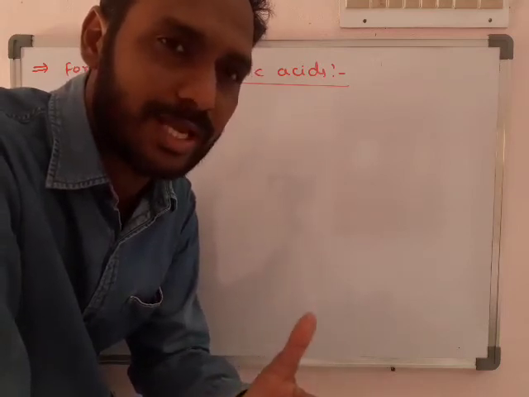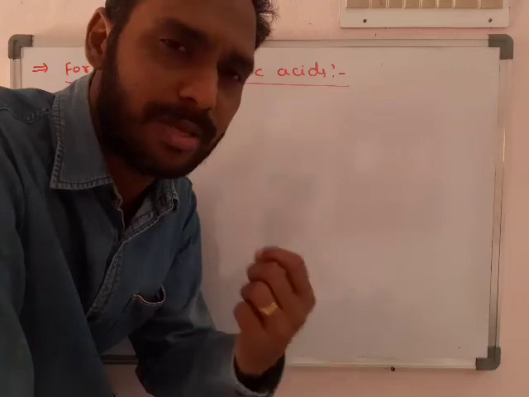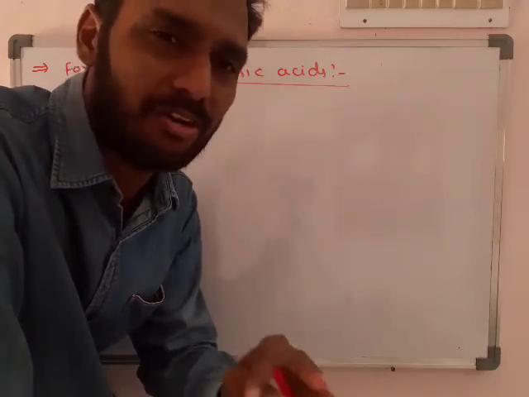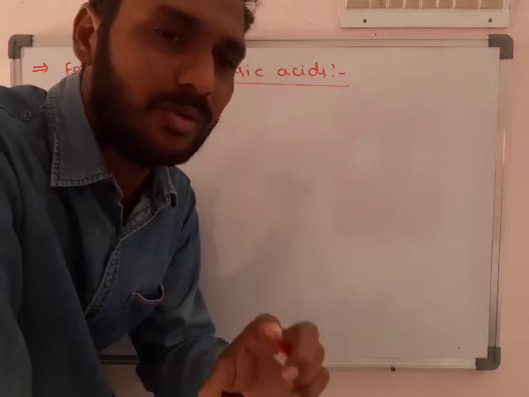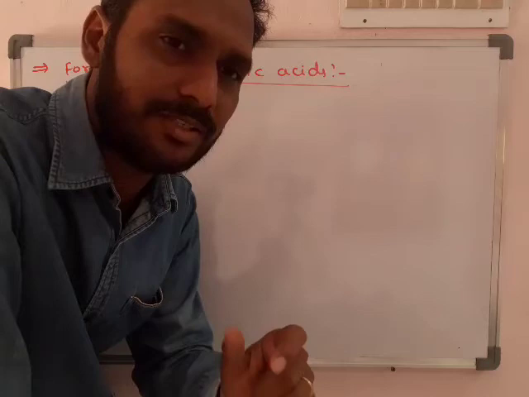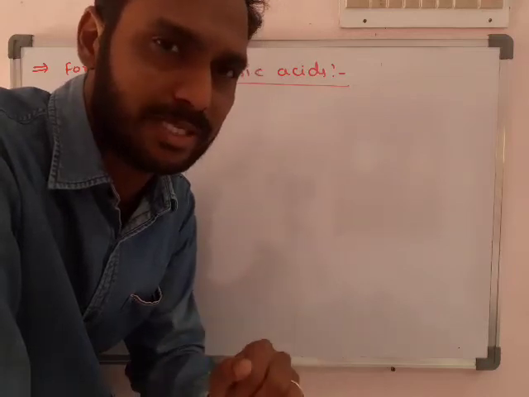Normally for strong acids it is nearly 100%, and strong bases also 100%, so we don't need to take care of that. But here we have to consider the percentage of dissociation of that acid. It is the same for OH minus in the case of a base.